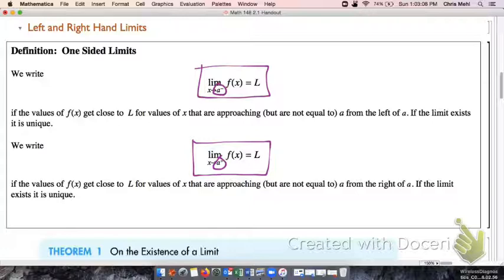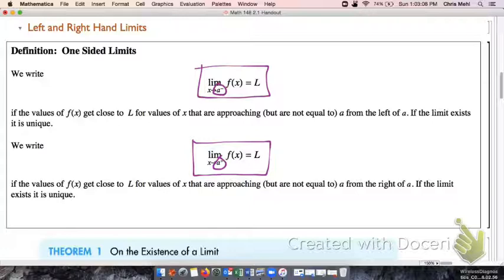If I write the limit as x approaches a from the right of f of x equals L, that means the outputs are approaching L as I keep approaching a from the right side. So x values approach a from the right, the outputs are approaching L.